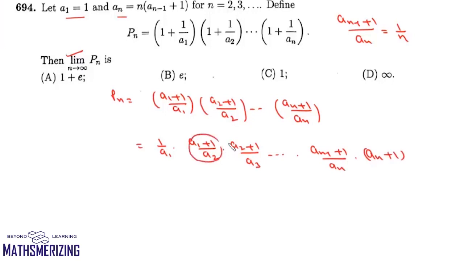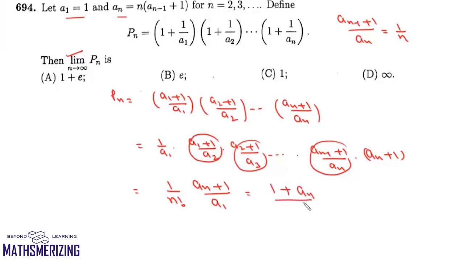Now this is 1 by 2, this is 1 by 3, and this is 1 by n. So we can write this as 1 upon factorial n into an plus 1 upon a1. Now we are also given that a1 is 1. So we can write this as 1 plus an upon factorial n. Now this is 1 upon factorial n plus an upon factorial n.